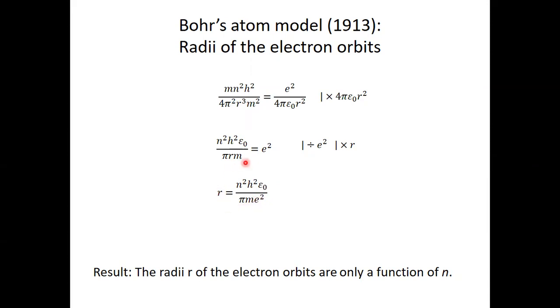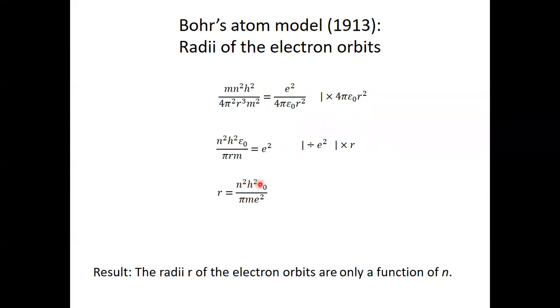When we analyze this result, we notice that the allowed radii for the electron depend only on the quantum number n. Precisely, it's a function of the square of the quantum number n, just an integer number.